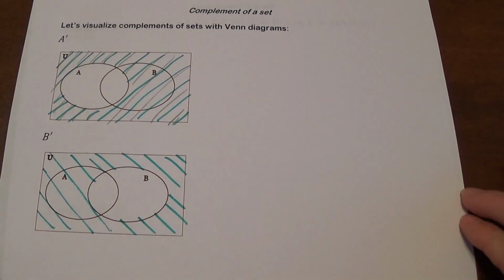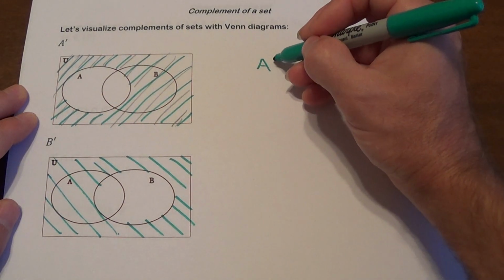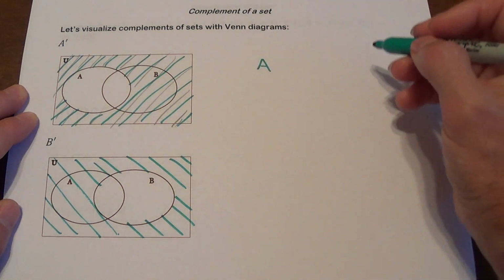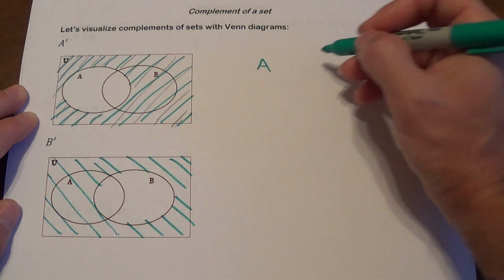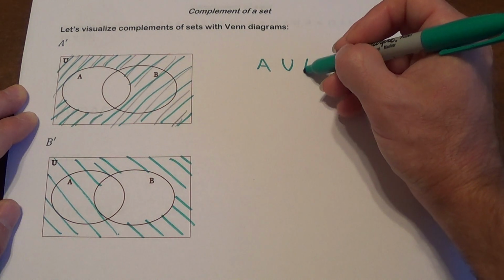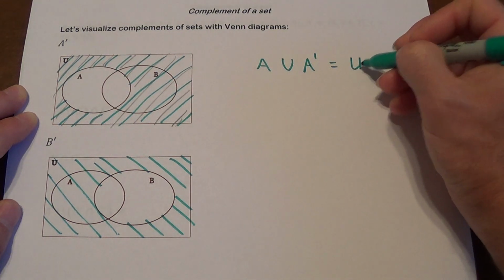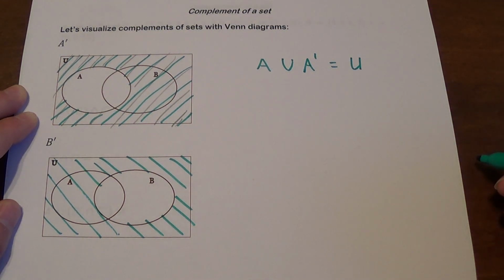I do want to mention a couple of important facts that you should know. For all sets, no matter what, if you take the union of a set with its complement, you are always going to get the universal set, because that's just how they are.